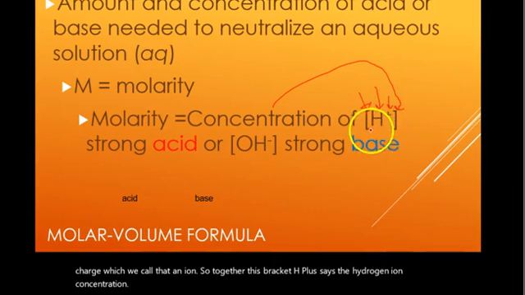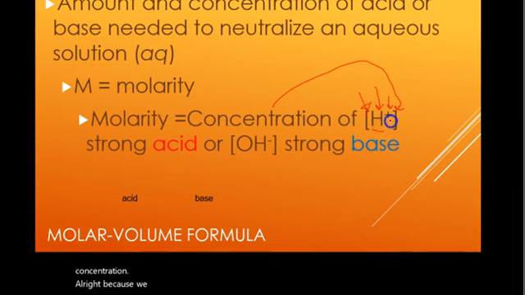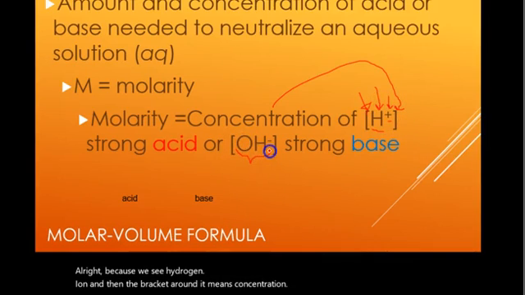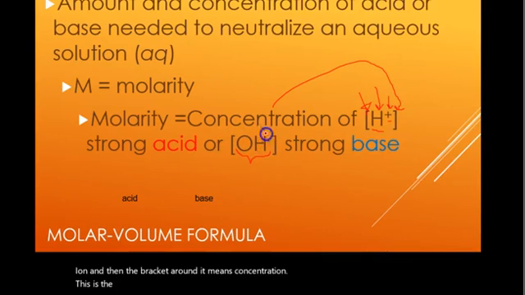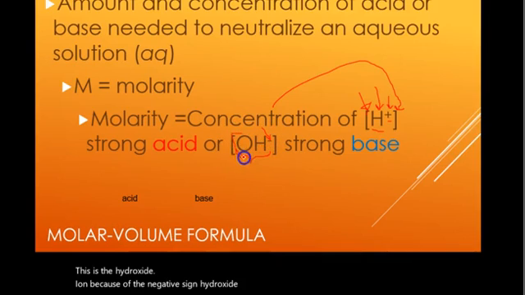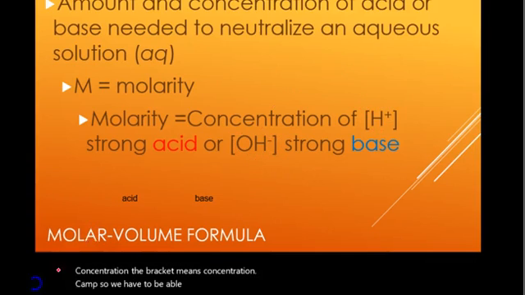All right, because we see hydrogen ion, and then the bracket around it means concentration. This is the hydroxide ion, because of the negative sign, hydroxide ion concentration. The bracket means concentration. Okay, so we have to be able to read that shorthand to understand what we're saying.